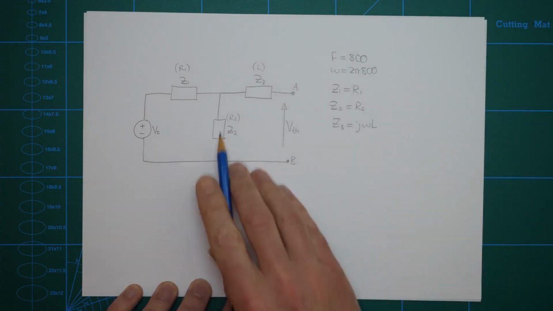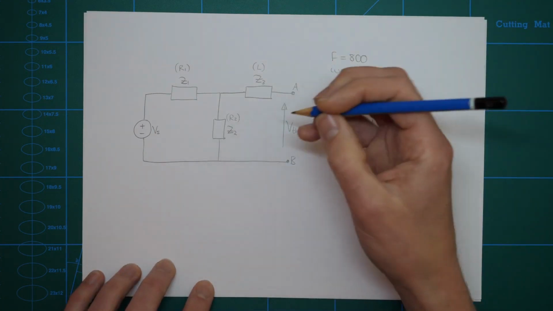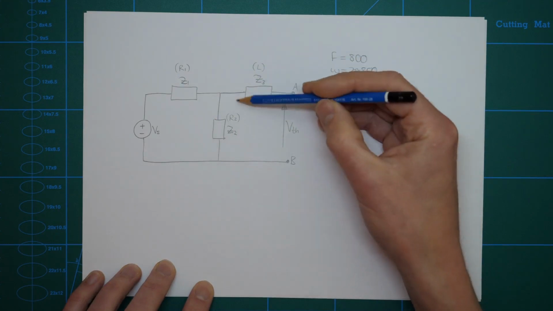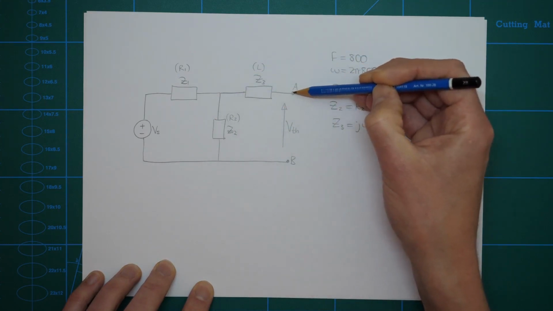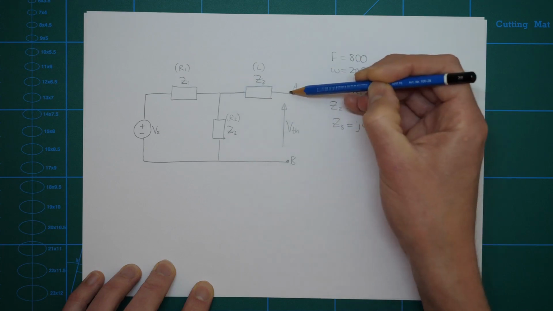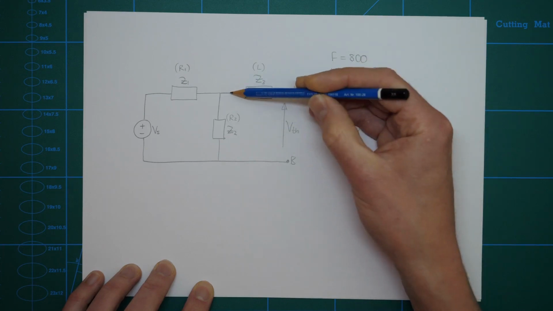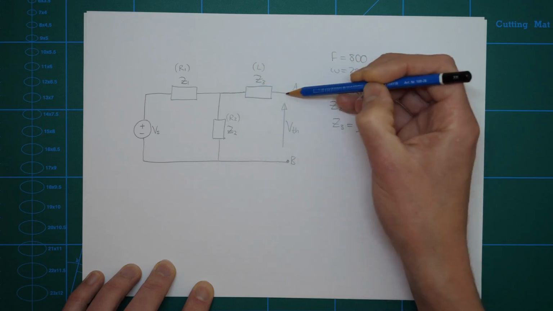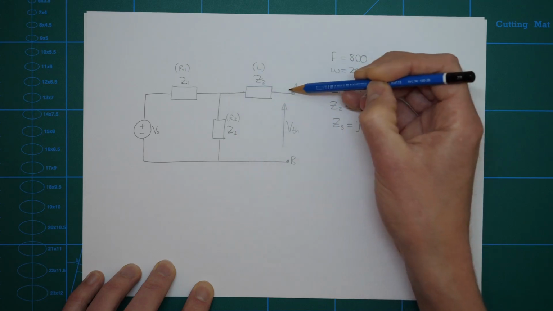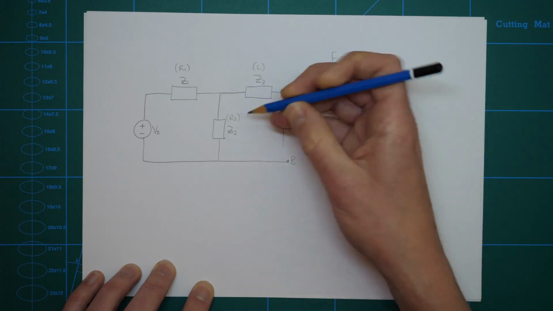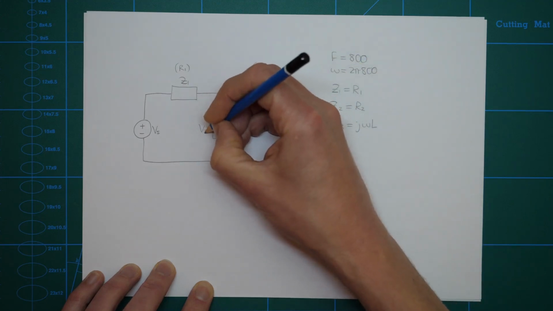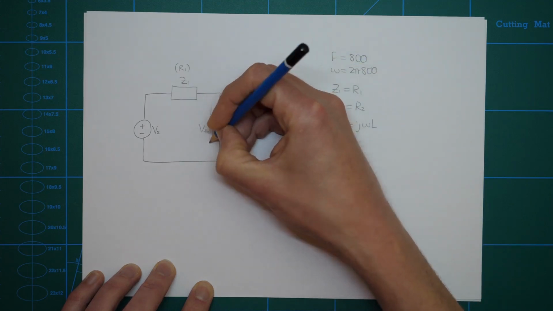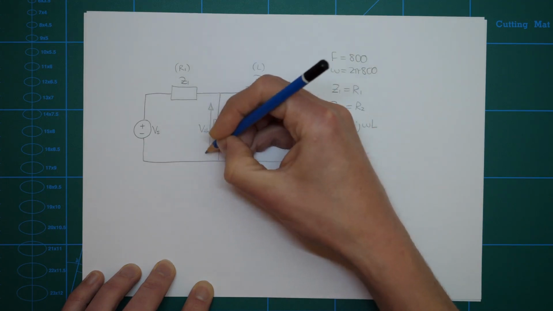What we can also say, looking at the circuit here, is similar to the last question, Z3 here arrives at a dead end when you get to A. So we know that the current through it has to be 0. So therefore if the phasor current through it is 0, then the phasor voltage across it has to be 0 as well, which means that the voltage from here to here is exactly the same as the voltage from here to here.